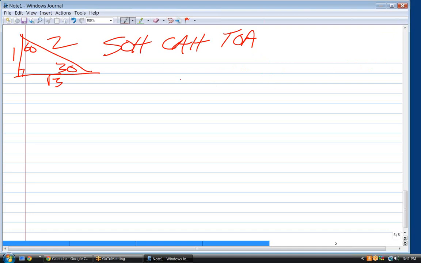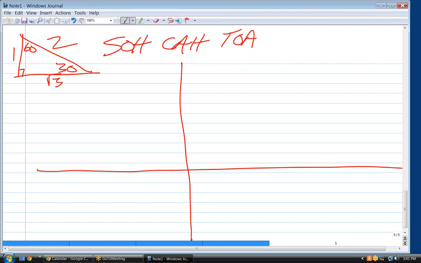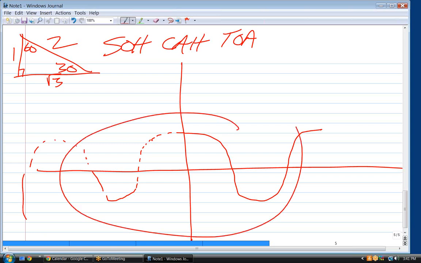Also, cosine is even. What else do we know about even functions? They are symmetrical about the y-axis. Well, notice this is symmetrical about the y-axis.